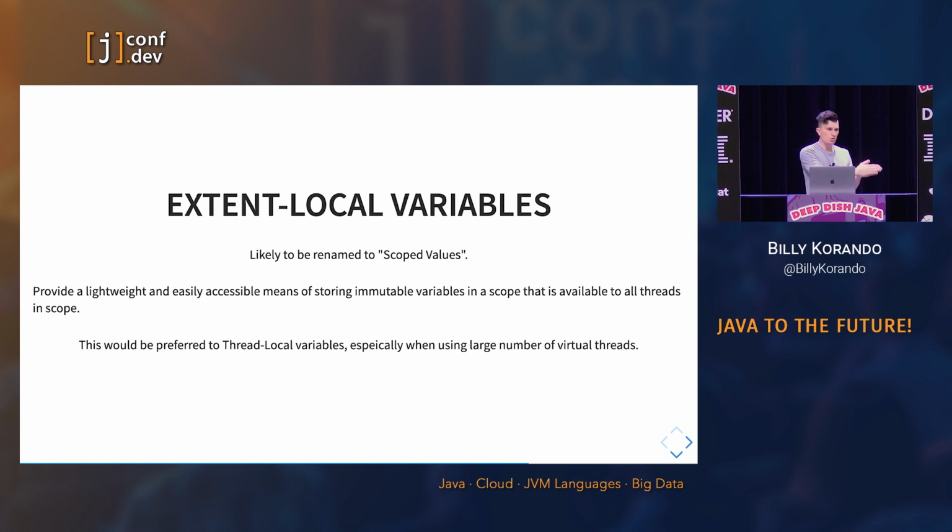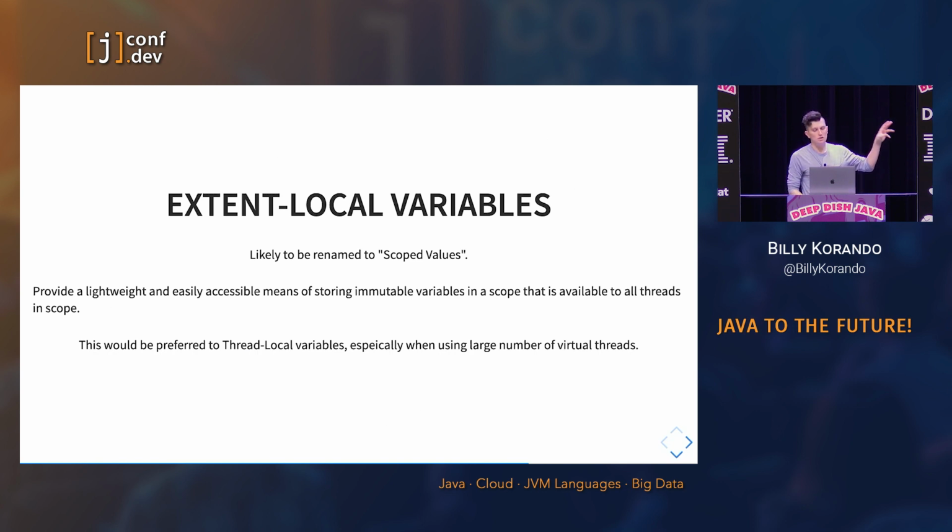This would generally be preferred when working with immutable values over using thread local, because if you're writing values to thread local and you potentially have hundreds of thousands to millions of virtual threads, and especially if that value is going to be the same across many or all of those virtual threads, all of a sudden you're copying that value a lot of times, and that's obviously going to take up a lot of memory.